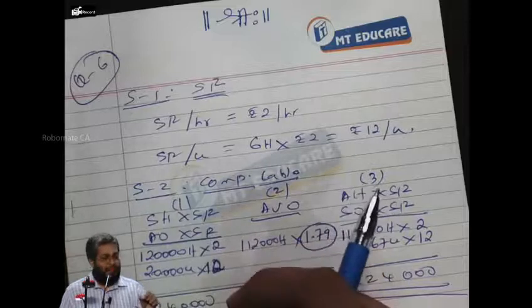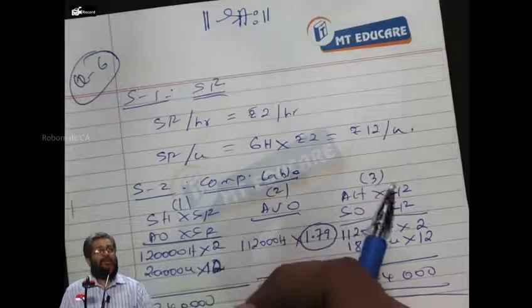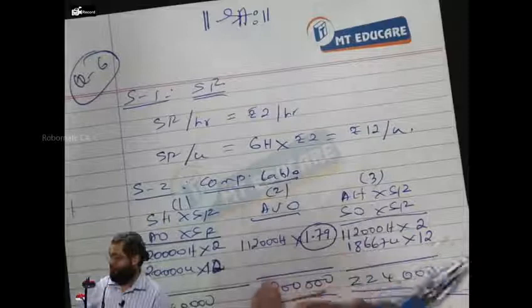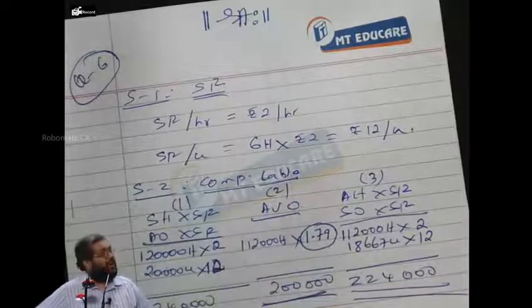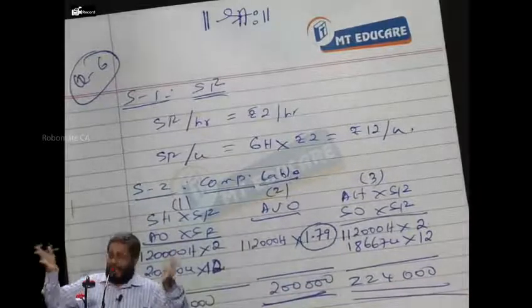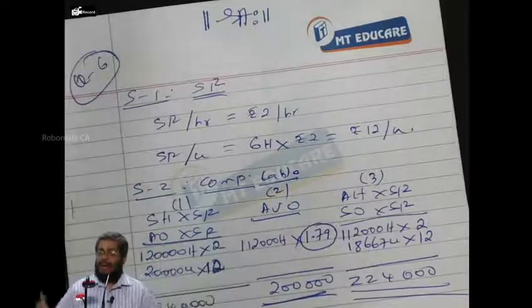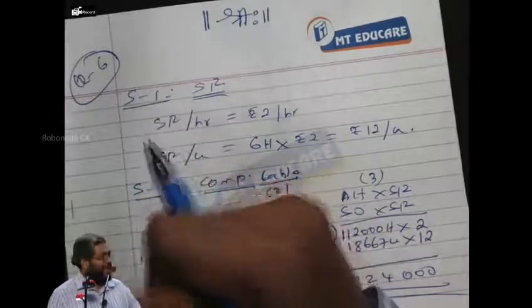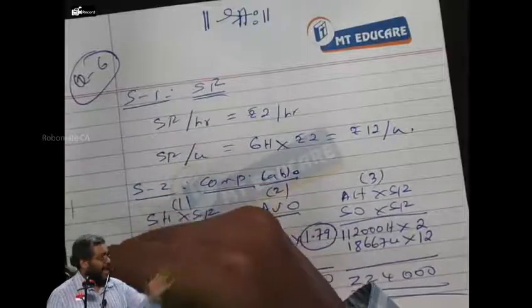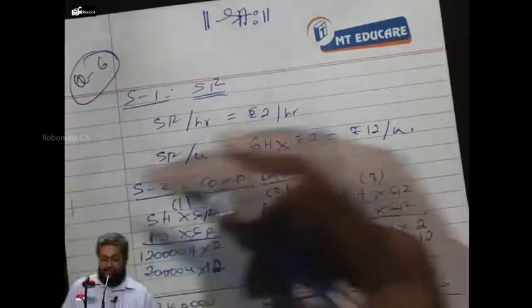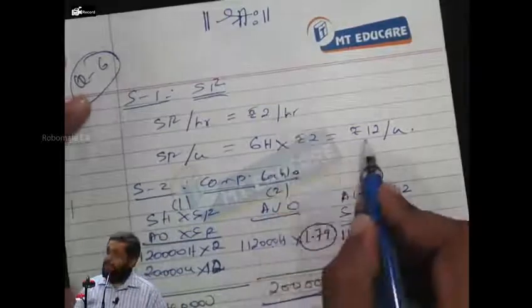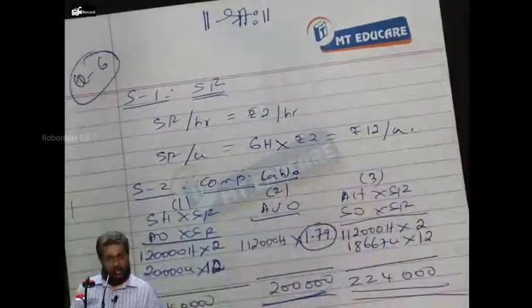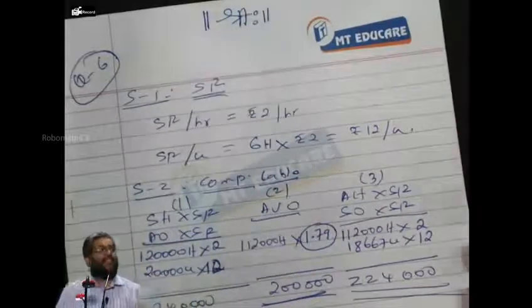That means 1,333 units are produced without power cost. I can imagine it like that. Are you following what I am saying? In other words, with 18,667 units power cost, I produce 20,000 units. That means I can literally say 1,333 units have not taken any power cost. Yes or no? Every unit has a cost of 12 rupees. 1,333 units gives 16,000 rupees, which is the savings in power cost.